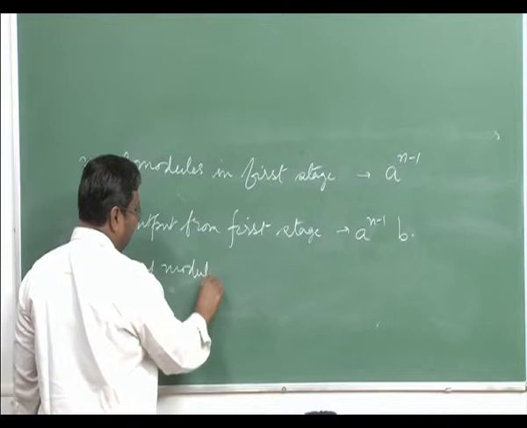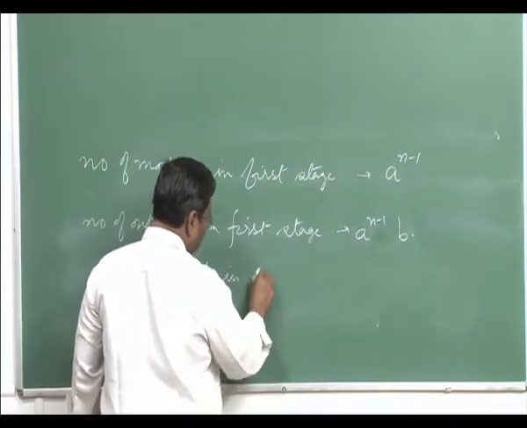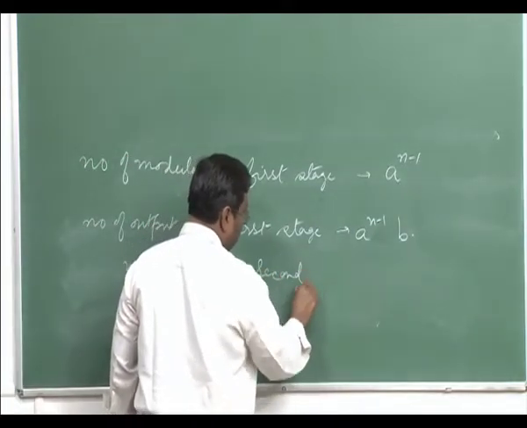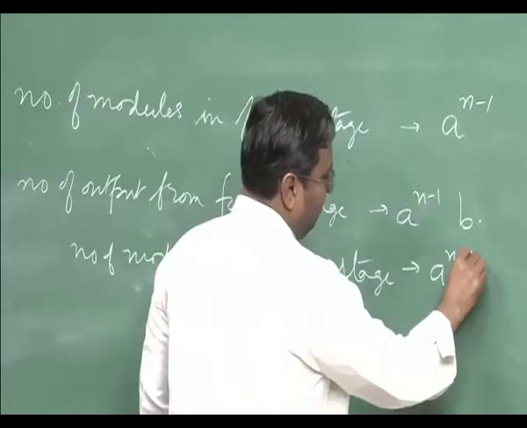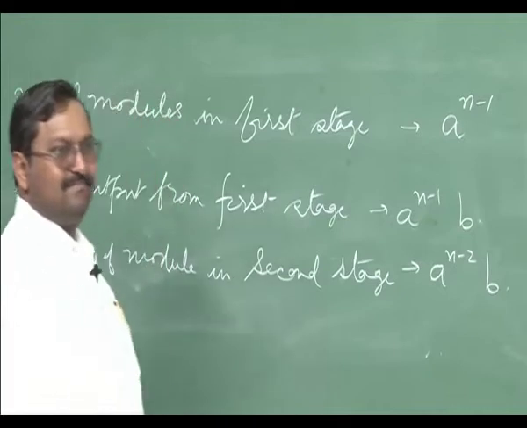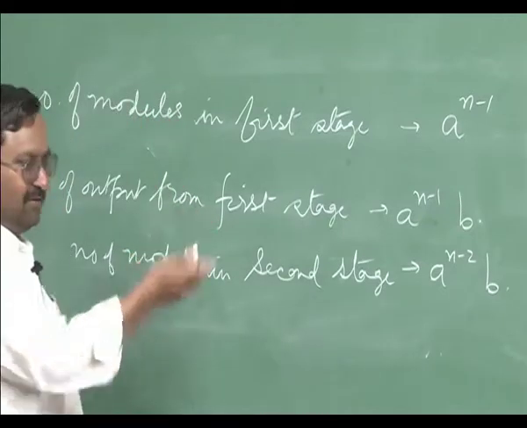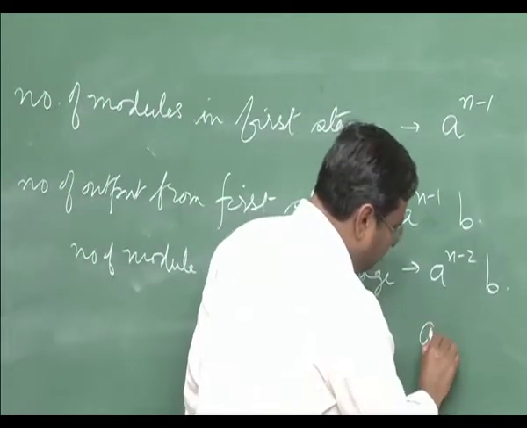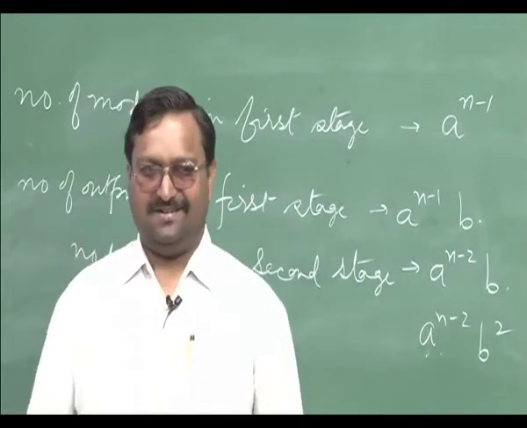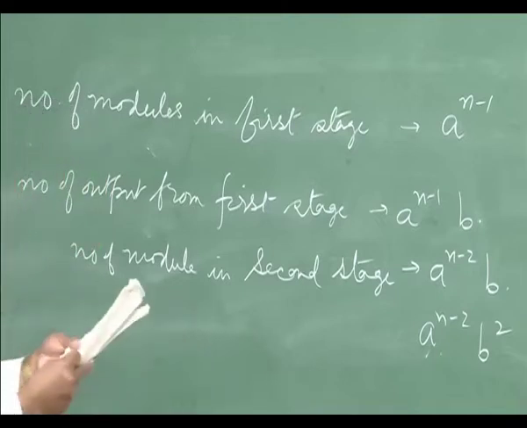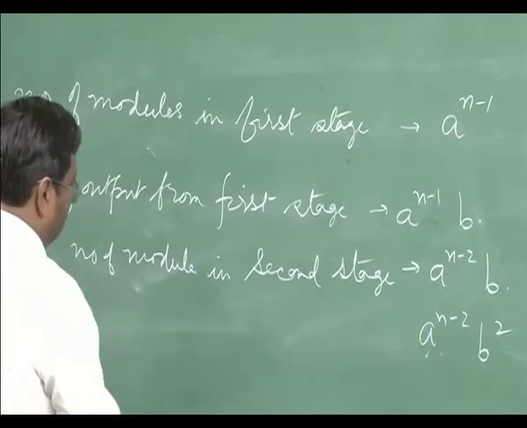You again divide by A, the number of outputs coming out of the second stage, and so on.